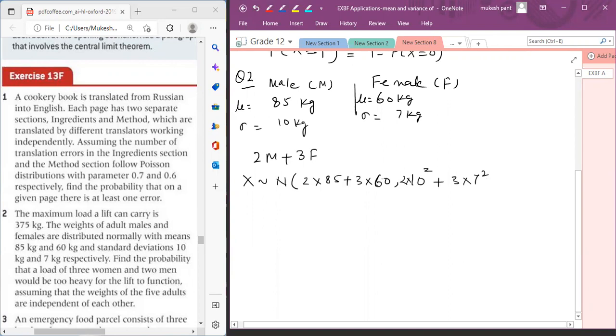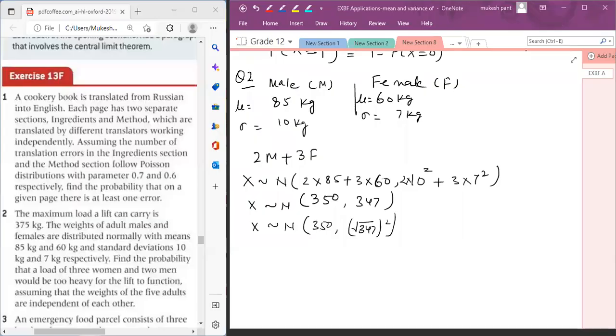And why 3? Because there are 3 females. So we simplify it, and you can take the help of a calculator. After simplifying, I get the new mean as 350 and the new variance as 347.